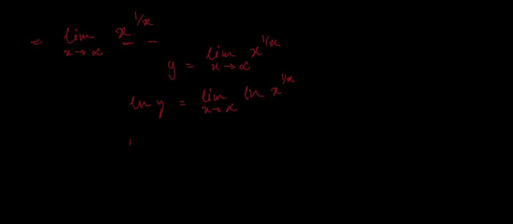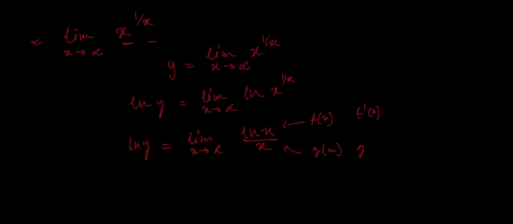Let's rewrite this. Ln y equals the limit as x tends to infinity of ln x divided by x. Now I can see that we have the desired form. This is f of x, and this is g of x. Now we are going to find f prime of x and g prime of x.